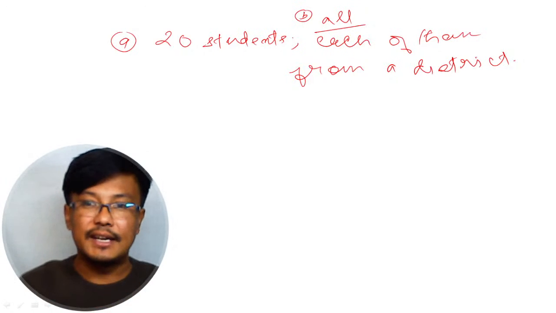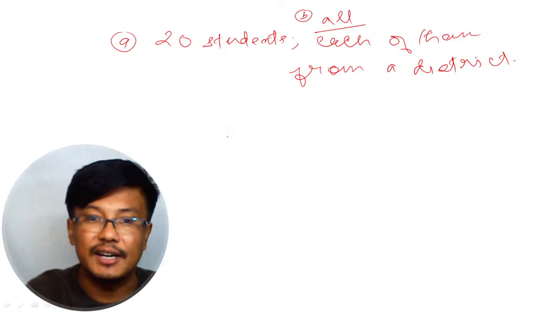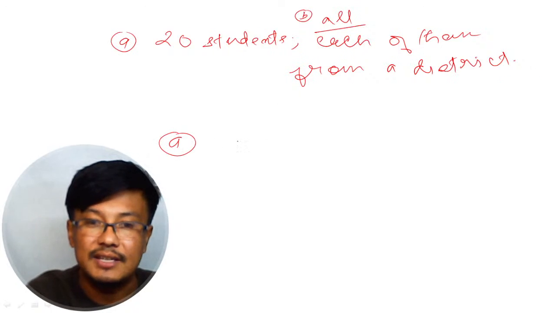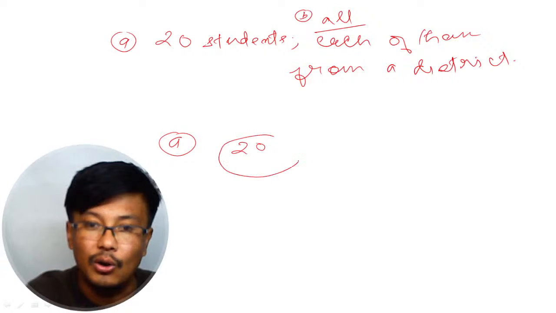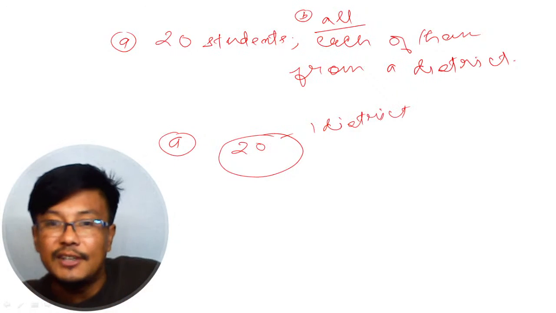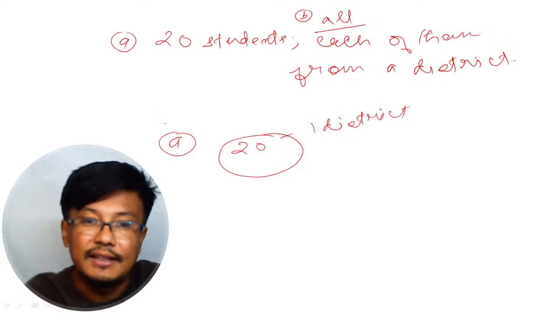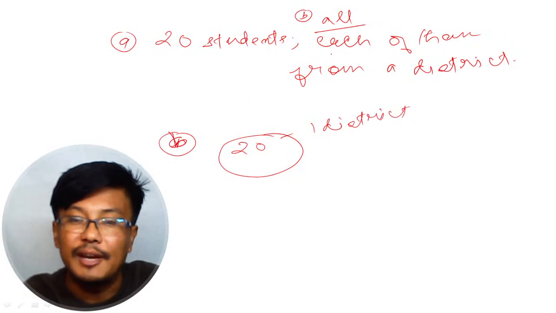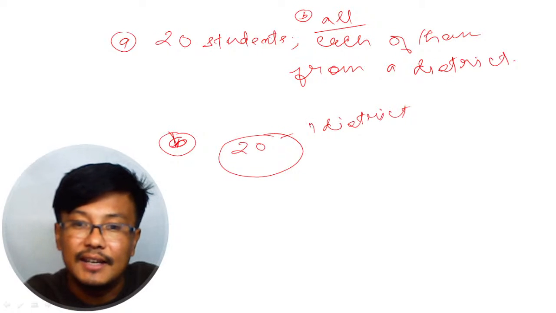20 students, if I say each of them is from a district, the meaning of A is... sorry, this is the meaning of B. If I say all of them are from a district, that means there is one district and there are 20 students and all of them belong to one district, right?